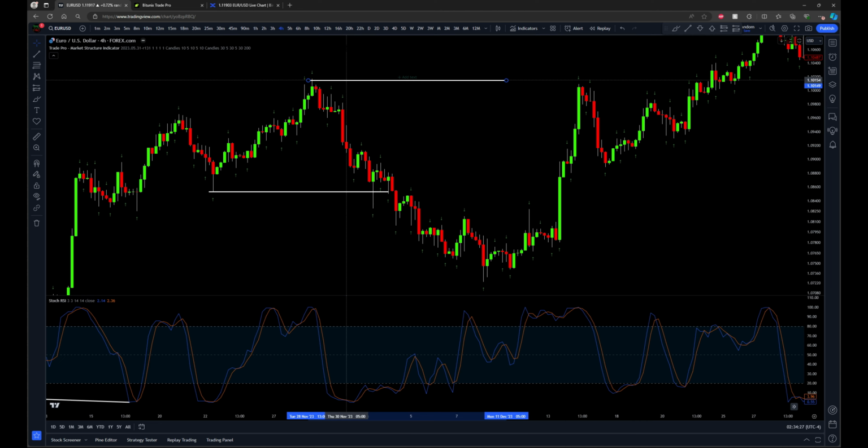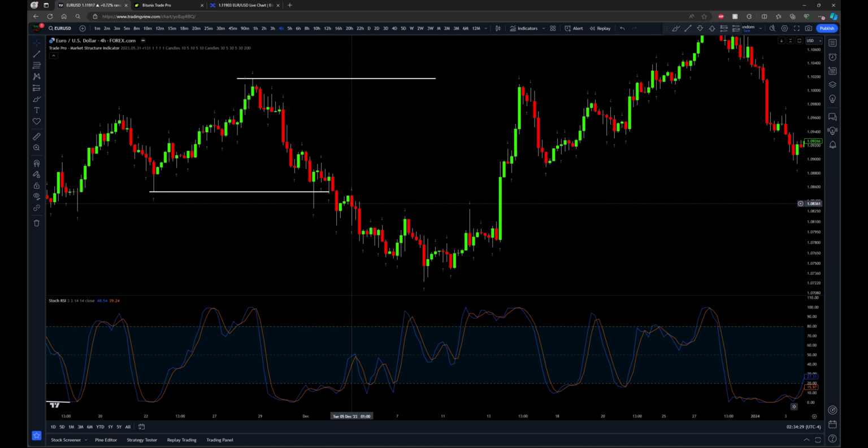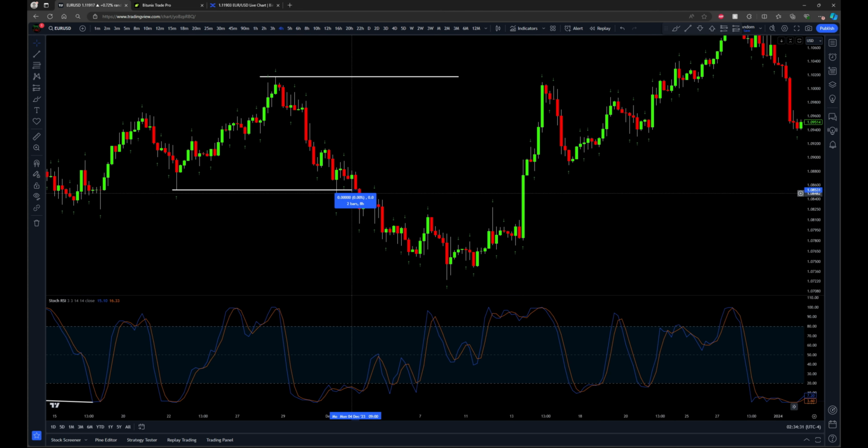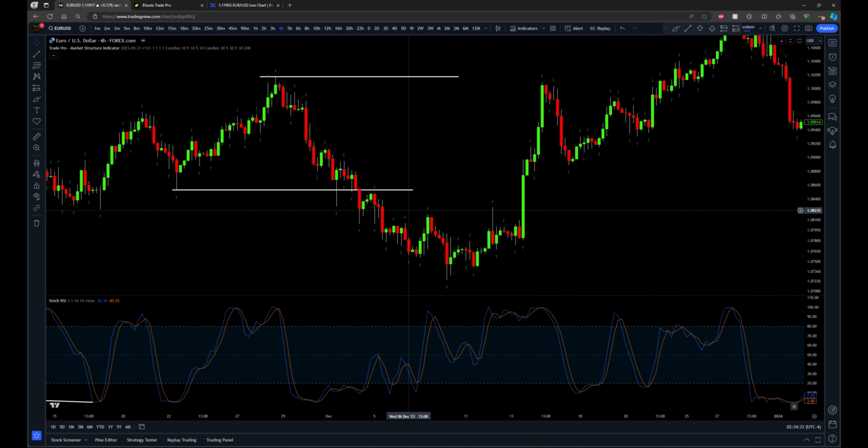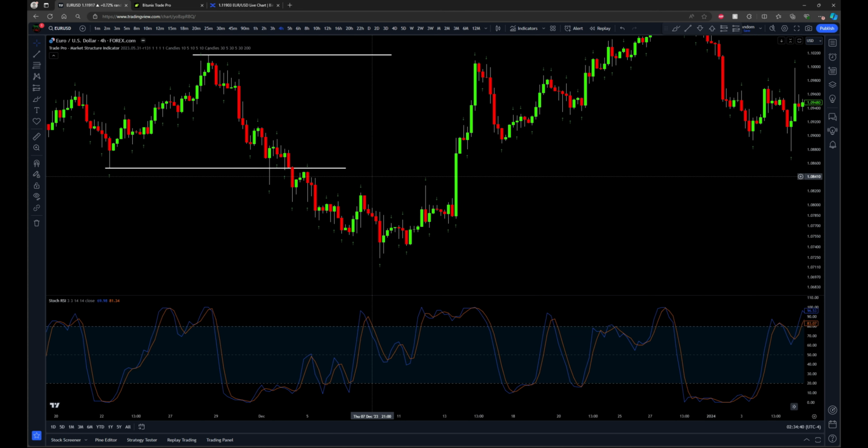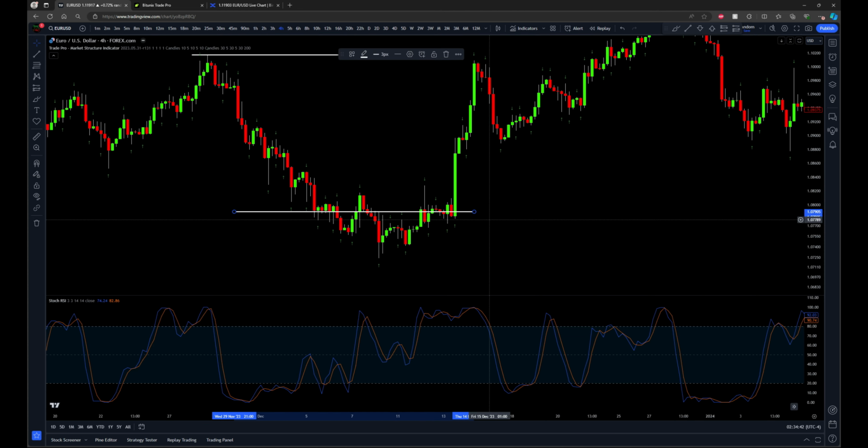So what's our new high? Here's our new high. Break it down on, let's see, this red candle here, break it down, get a bit of a pullback here. So we got a bit of a new structure. Let's put it in.